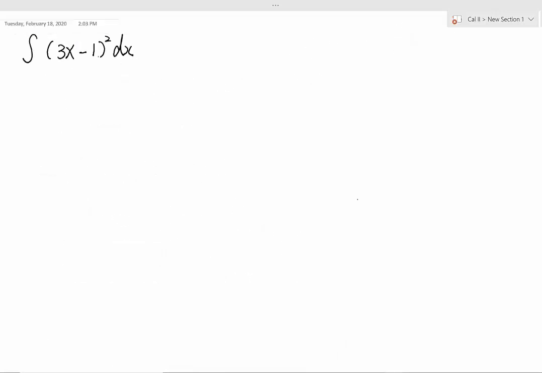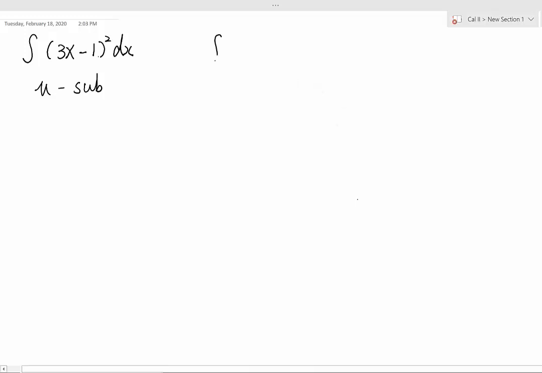The second method is called U-substitution. I'm going to write U-sub. Why do we use U-substitution? Let's think about if I change the exponent, it's no longer 2.